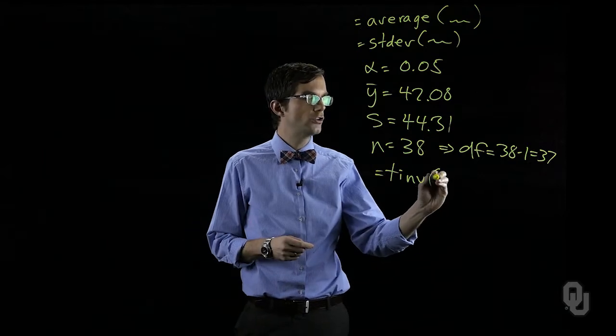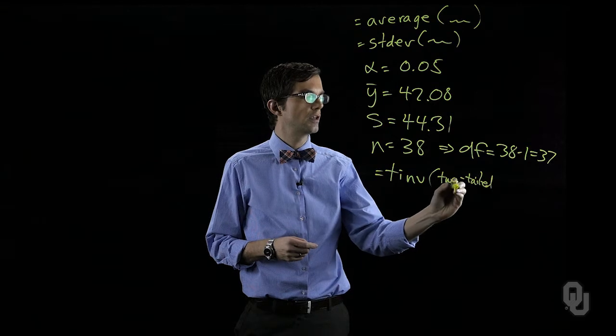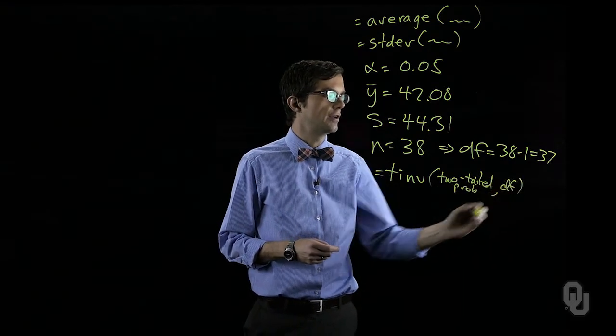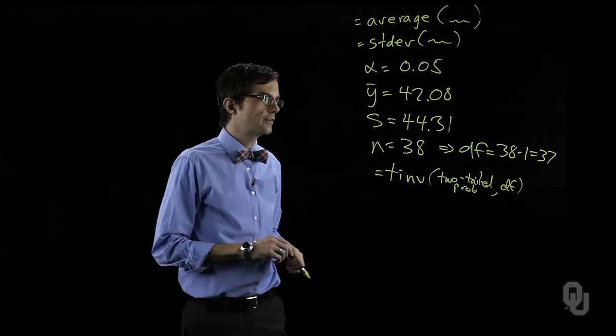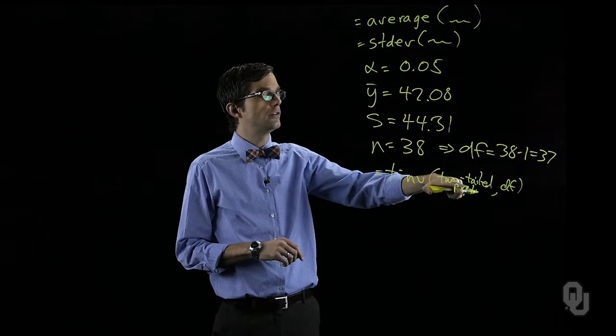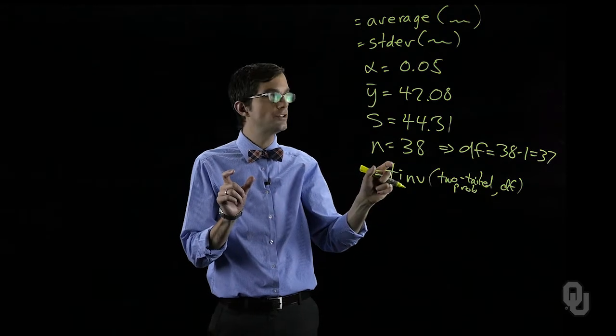T inverse wants two things. It wants a two-tailed probability input, followed by a comma, and then the degrees of freedom. What this two-tailed probability means is that that's essentially alpha. We have a confidence interval that has alpha over 2 in each tail.